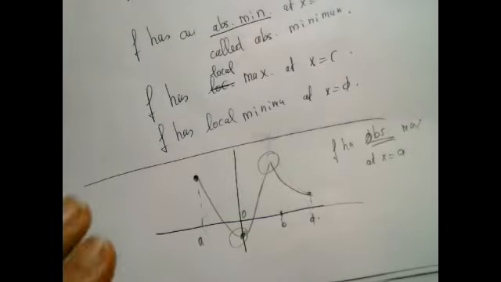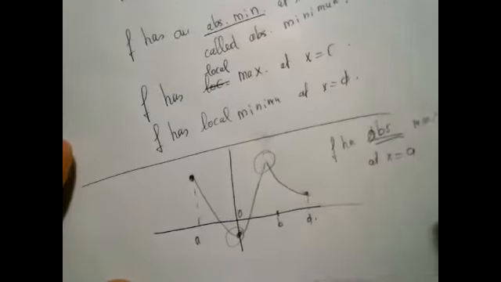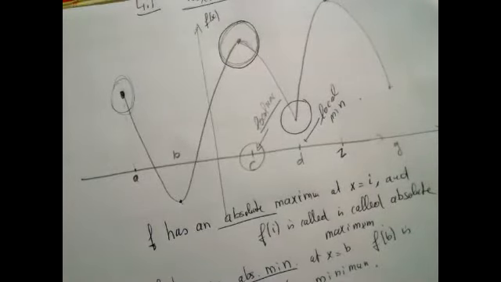Now, question number 2 is, as some of you already wrote to me on the chat, the following. Where do local max and local min occur? Let me go back to this picture. Where do they occur?